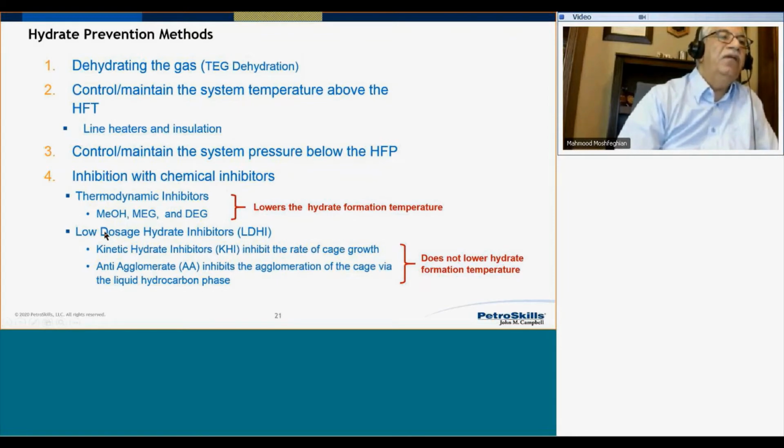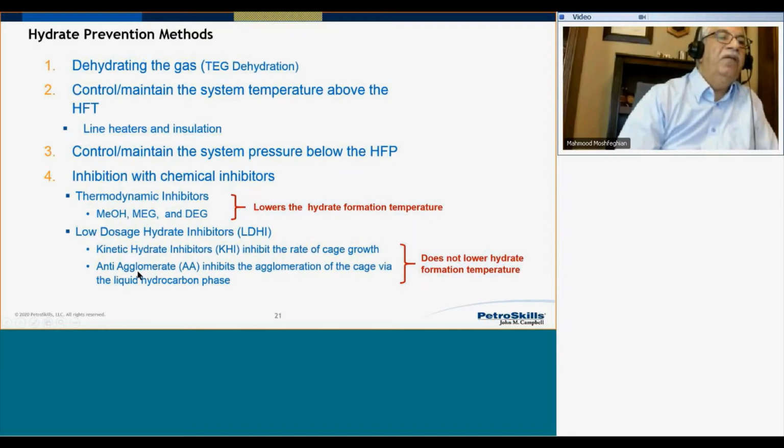Then the next category is low dosage hydrate inhibitors. There are two types of them: kinetic hydrate inhibitor, which inhibits the rate of cage formation. It doesn't shift the hydrate curve. These two, methanol and glycol, shift the hydrate curve to the left, or make hydrate formation happen at a cooler temperature. But this one delays the kinetics of forming the hydrate cage, so the hydrate doesn't form. It's time dependent.